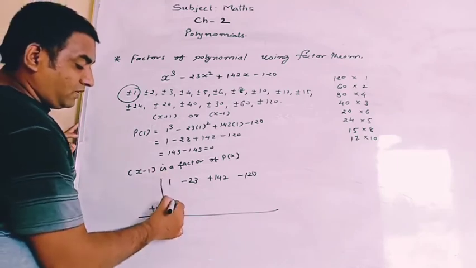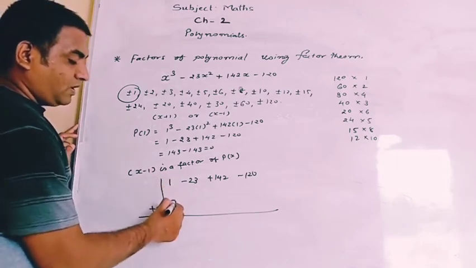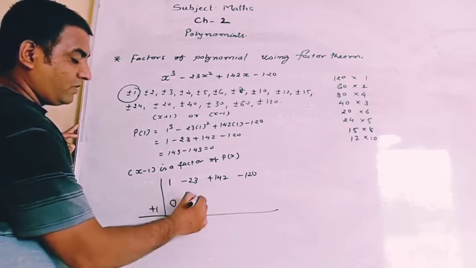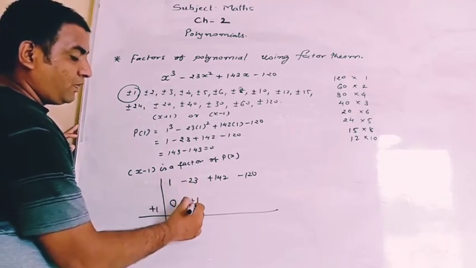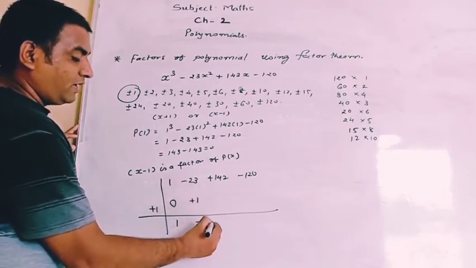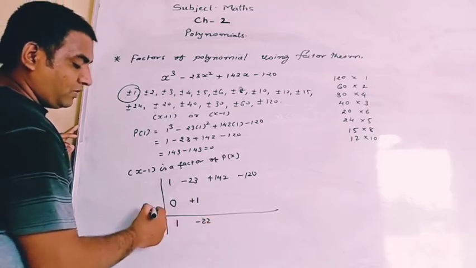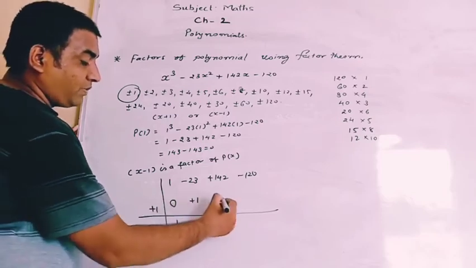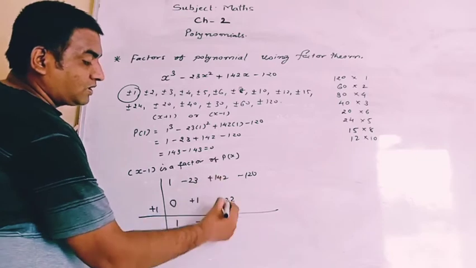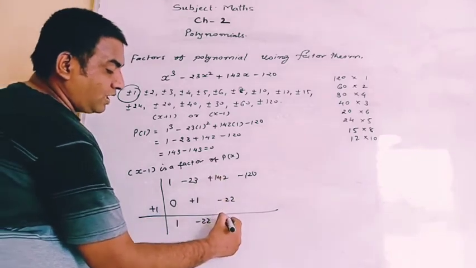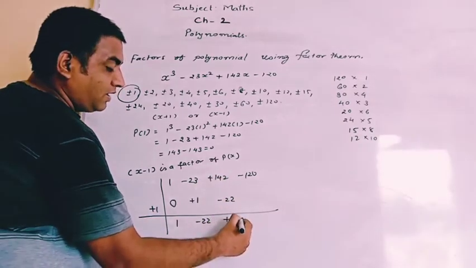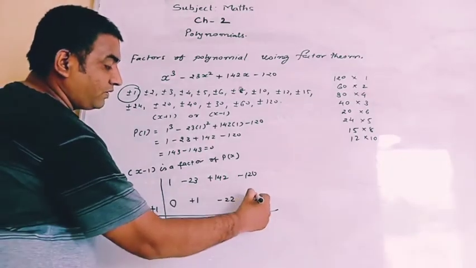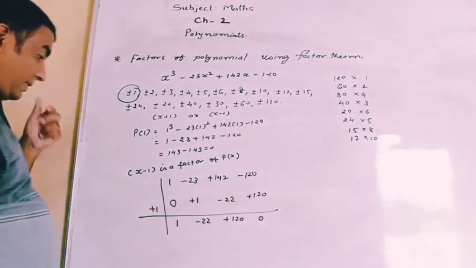Now 1 added with 0, 1, 1 ones are 1, minus 23 plus 1, minus 22. So minus 22 ones are minus 22. So plus 142 minus 22, that will be plus 120. 120 ones are 120, and so 0 remainder.